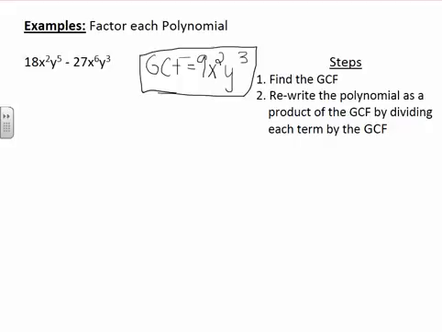Now that we have our greatest common factor, we move on to our second step, which is to rewrite the polynomial as a product of the greatest common factor by dividing each term by the greatest common factor.